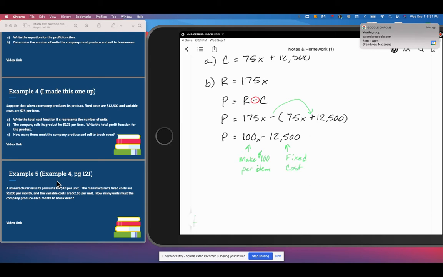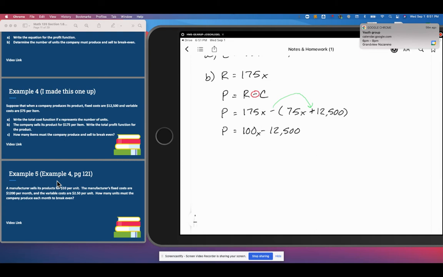So it cost this company $12,500 just to open its doors and let the employees in. They haven't made any products yet, and that's cost that they're going to have to pay before they start making anything and selling it. So there's our profit function, and sort of an explanation of what those numbers mean. We are asked to find the total profit function for this product. It looks like we've got it. So again, that is our profit function right there.